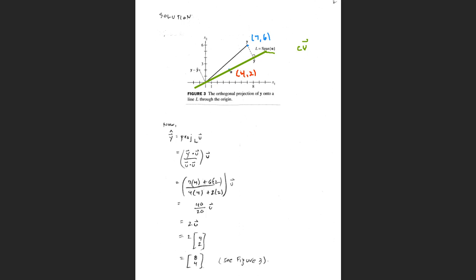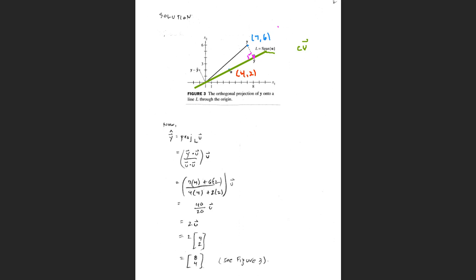And the vector y hat is right here. So notice you have a right angle here.